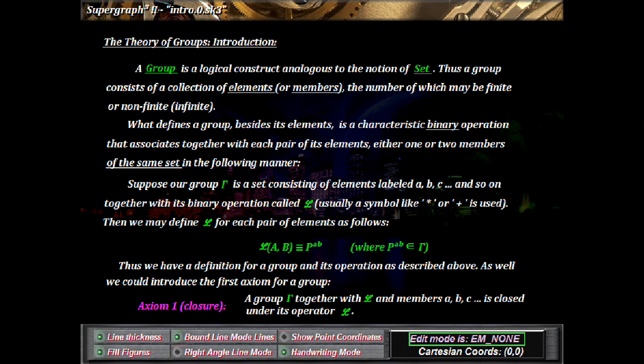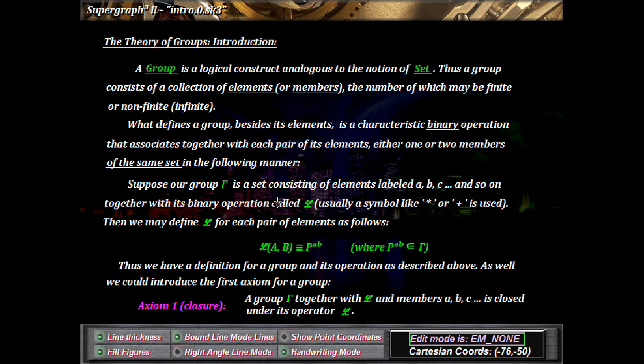The outputs are members of the same set. Suppose our group, which I've labeled gamma, is a set consisting of elements a, b, c, and so on. Now, those are just labels. It doesn't tell you what they are. Could be anything.